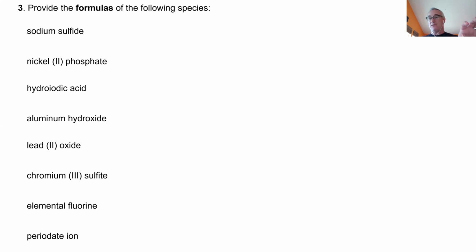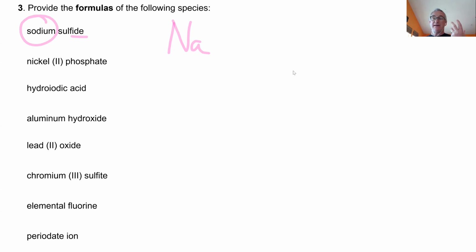If it's an ionic compound, we've already figured out it's an ionic compound because sodium is a metal. So we put down sodium. Now the "ide" part, S2 negative. We put "ide" at the end because it's the second part of the compound.